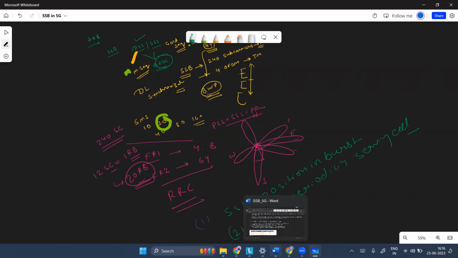One more thing here, right? On some of the websites you might see that the SSB block contains PSS plus SSS plus PBCH plus DMRS type A position. This DMRS type A position is part of the MIB, which is a part of your PBCH.